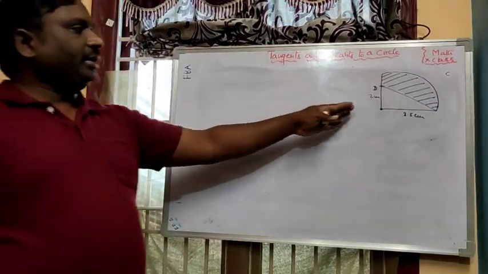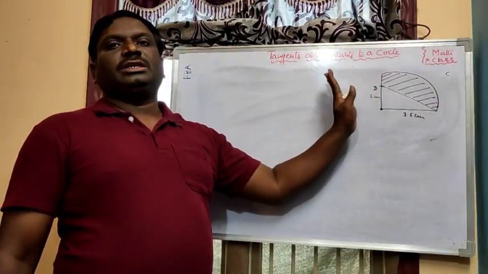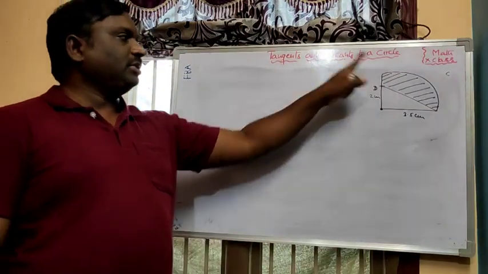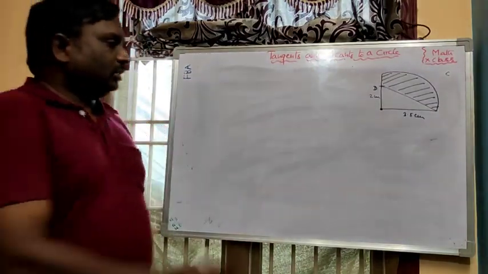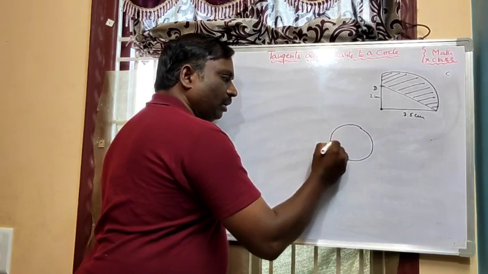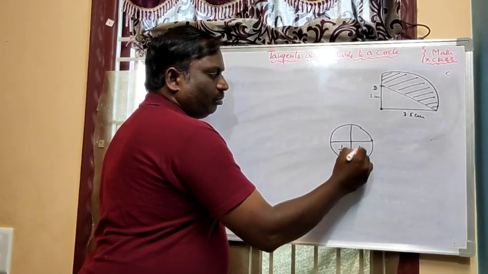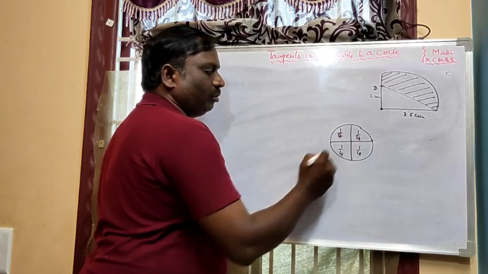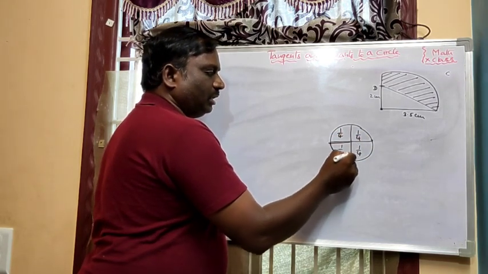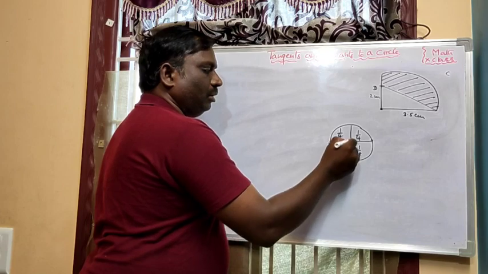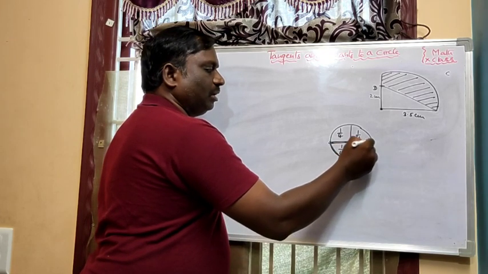You can identify that a quarter part of the circle is nothing but a sector. So this is the circle. If you divide it into 4 parts, this is 1/4 part, this is 1/4 part, this is 1/4 part, this is 1/4 part. This is a sector of the circle. Quadrant means a sector of the circle.